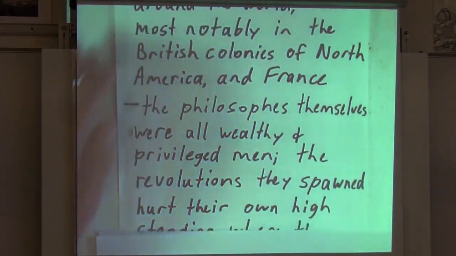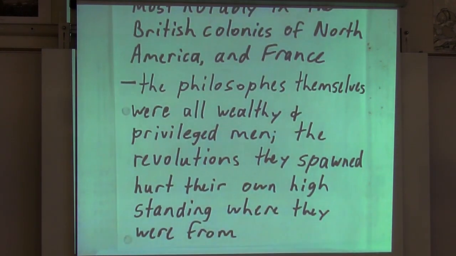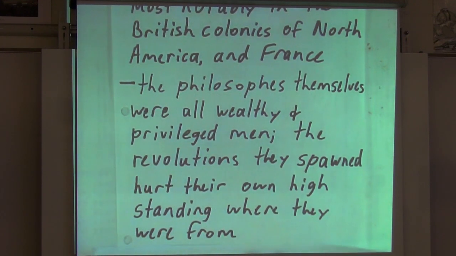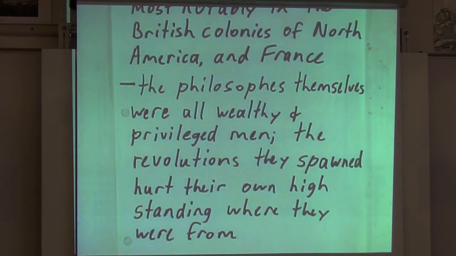It's interesting, they are attacking a system from which they benefited. The revolutions they spawned, as I call it, hurt their own high standing of where they were from, especially in France. So really the French Philosophes, one could argue, were the ones who were really taking it to the extreme and really talking about things that they truly believed in so much that they made their own situation difficult.